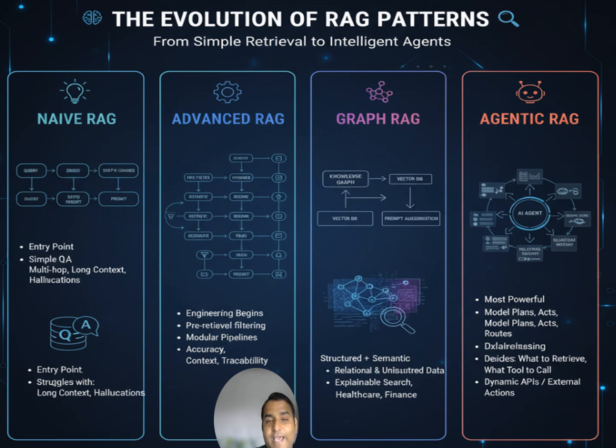Agentic RAG is nowadays presented as the most powerful pattern, where the model transcends all those features. It intelligently decides what to retrieve, which tools or functions to call, and how to store the results. By dynamically invoking APIs or external actions based on prompts and retrieved data, it helps a lot.